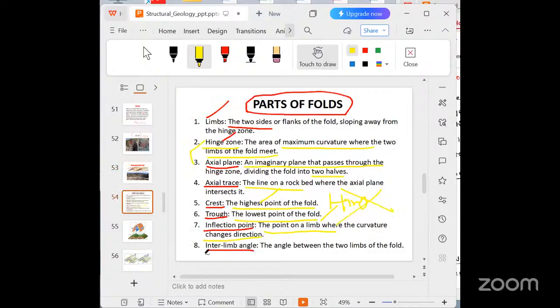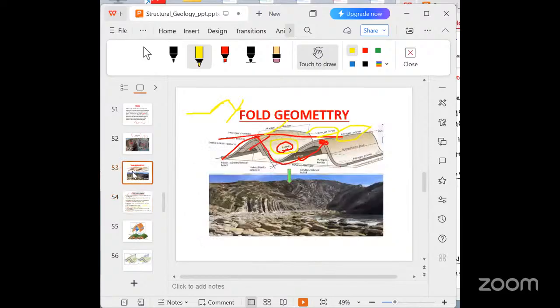And next, interlimb angle. Interlimb angle is the angle between which ones? The two limbs of the fold. These two limbs of the fold, that is called the interlimb angle. You see here, this one.